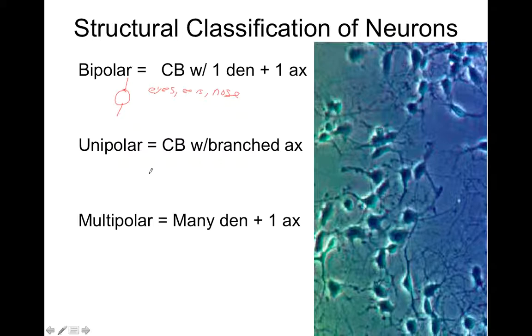Unipolar neurons have a cell body with a branched axon. And these are like the cell bodies in the peripheral nervous system.